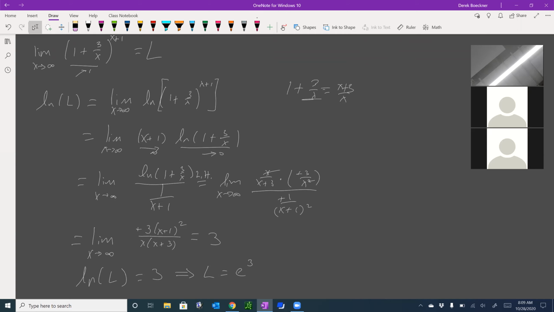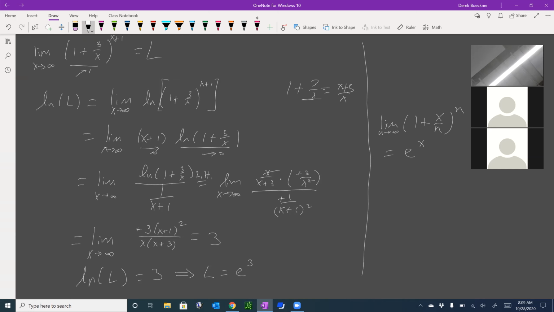This technique is kind of nice to know because one of the common limit forms you might run across is (1 plus x over n) to the n as n goes to infinity.